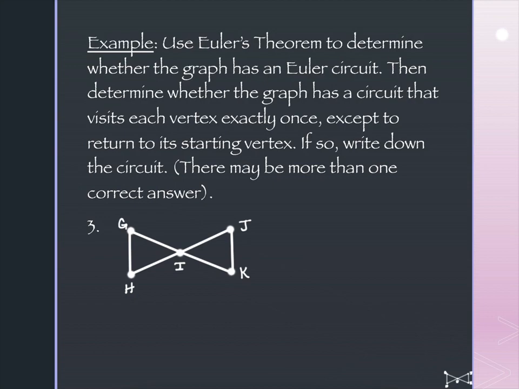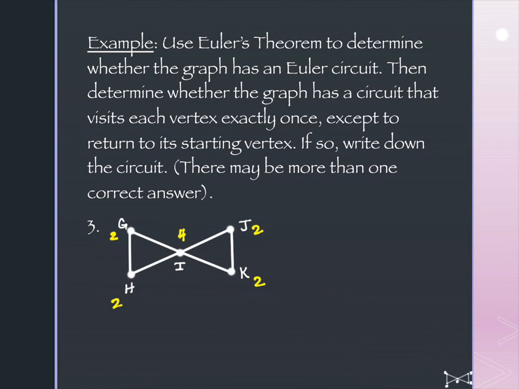Okay, so first, does it have an Euler circuit? Well, in order to do that, we can use Euler's theorem and we can write out the vertex degrees. So G is 2, I is 4, J, K, and H. Does it have an Euler circuit? Yes, it does.